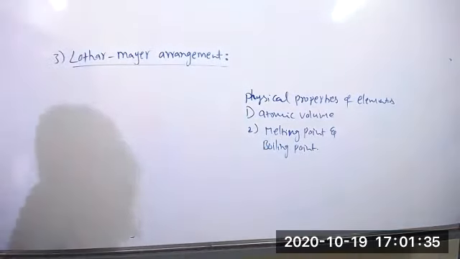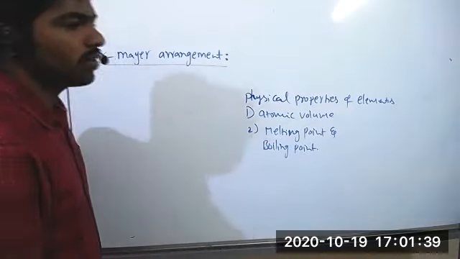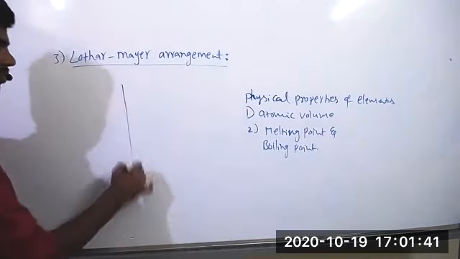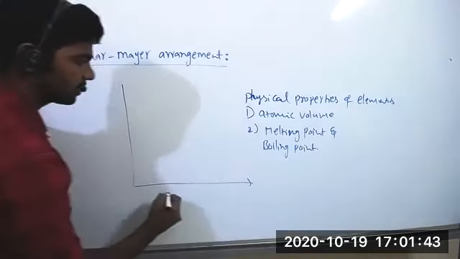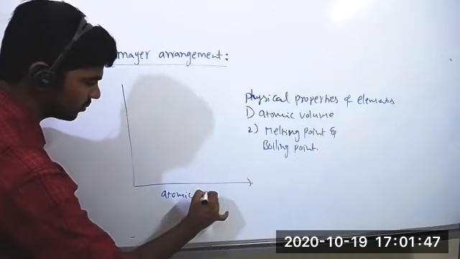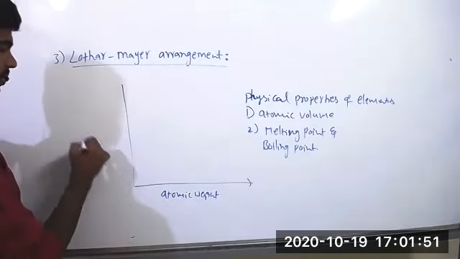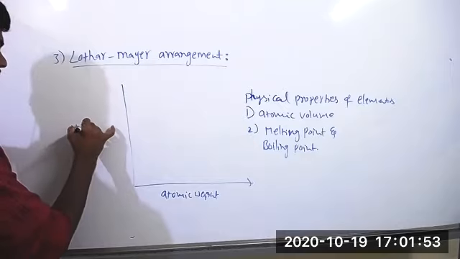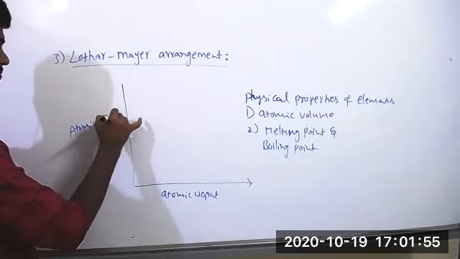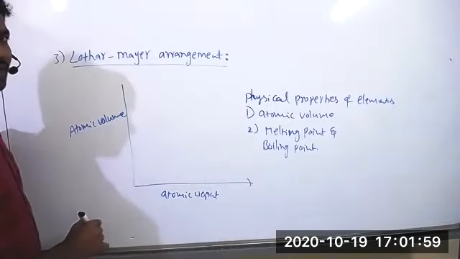Then he drew a graph between atomic volume and atomic weight, taking atomic weight on the x-axis and atomic volume on the y-axis.